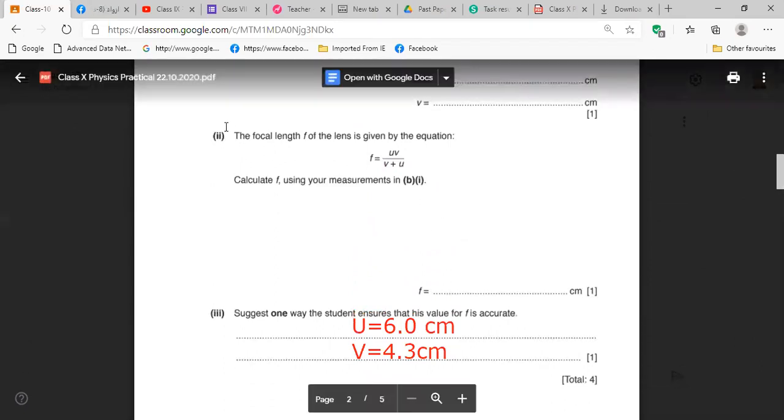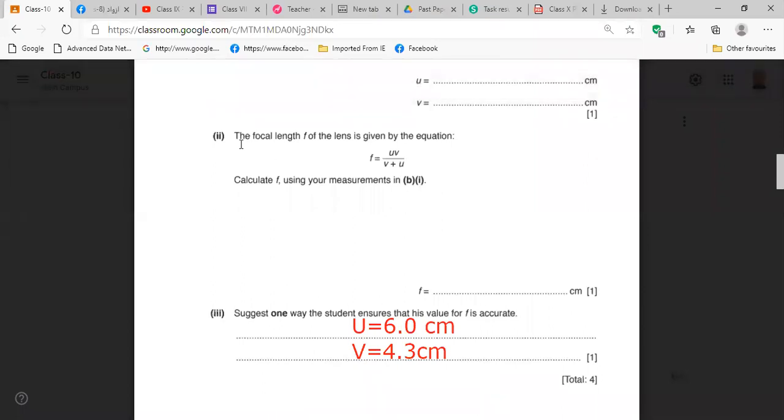Can you read from here, Ziba? The focal length f of the lens is given by the equation f equals uv by v plus u. Calculate f using your measurements in B1. f equals 2.5 centimeter. Yes. f equals how much? 2.5 centimeter.